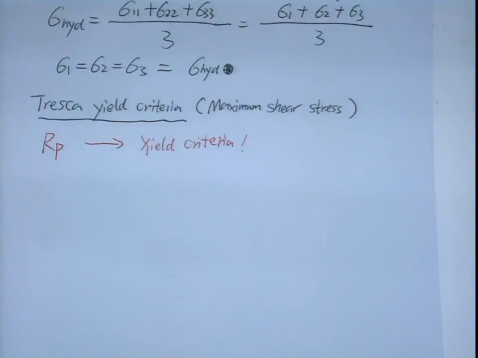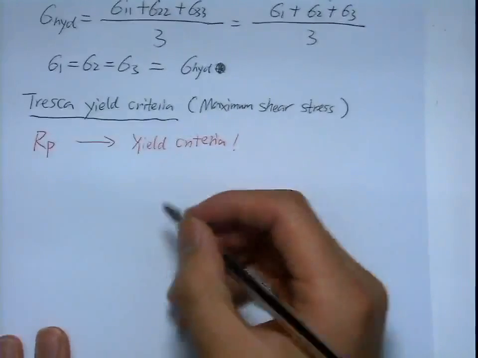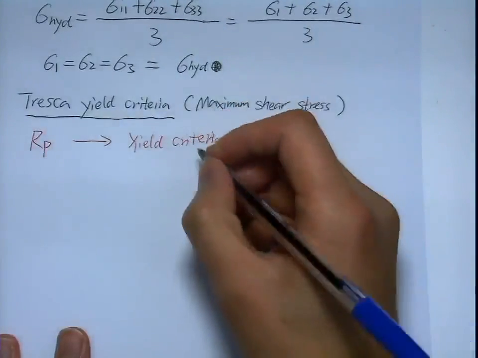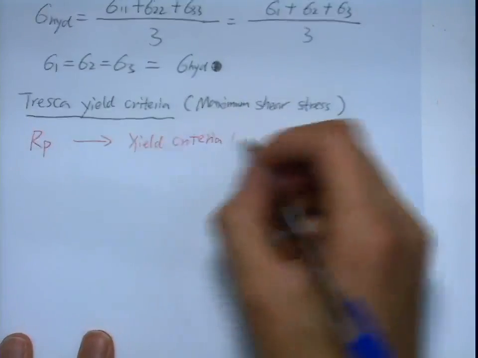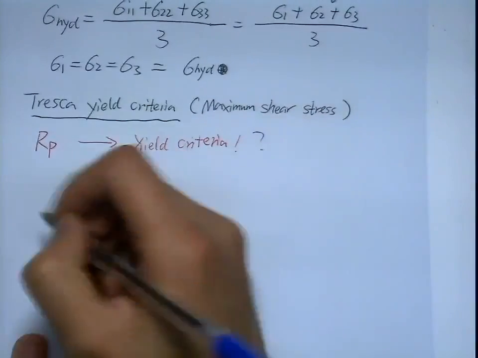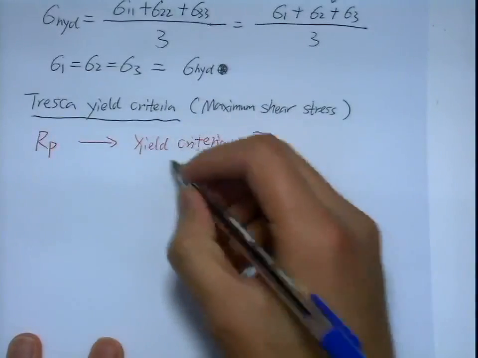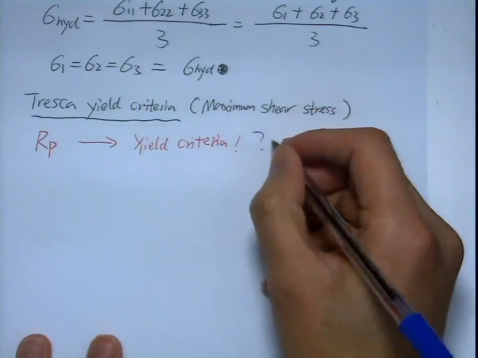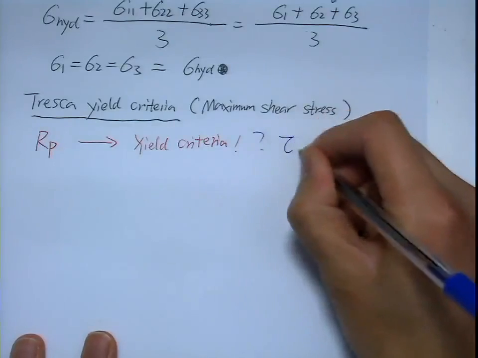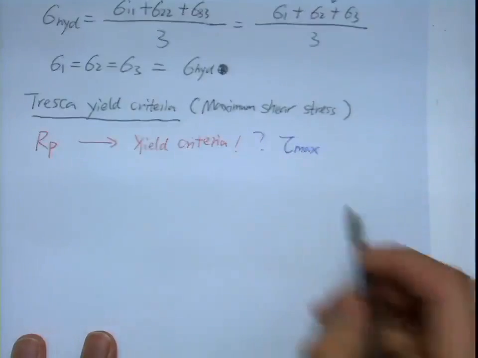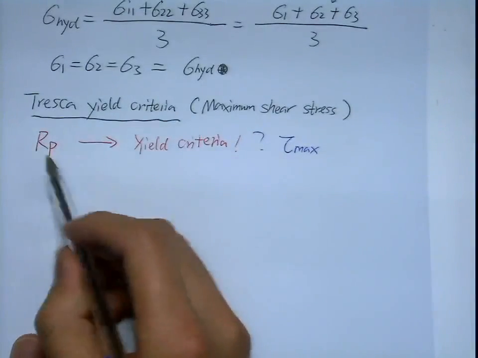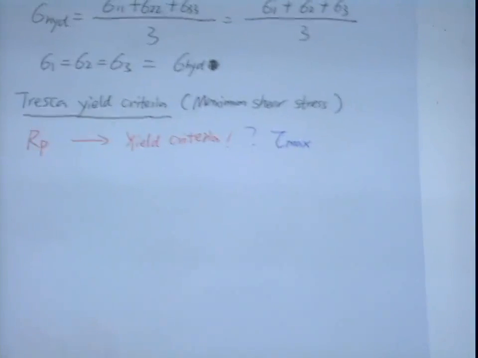Okay, so let's go to the Tresca yield criteria. So now the question is how to relate Rp to tau max, the maximum shear stress.